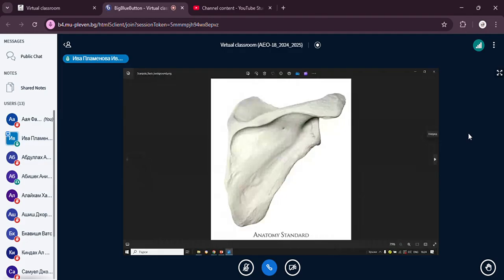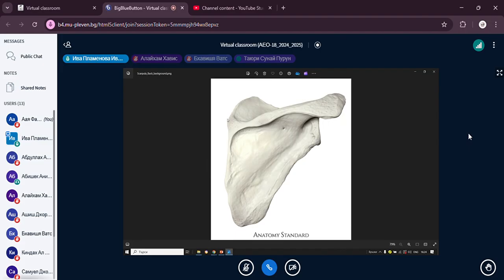Which view of the scapula is this one, dorsal or ventral? How do you think? Dorsal. Perfect, dorsal view. Why? Because here you can see the acromion, the shoulder blade.